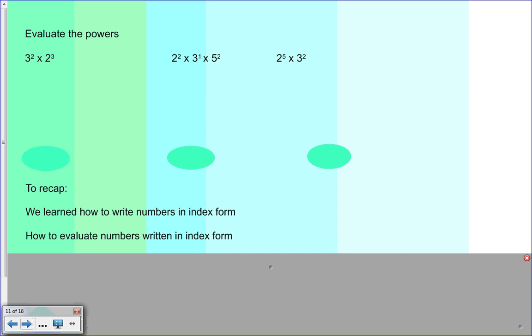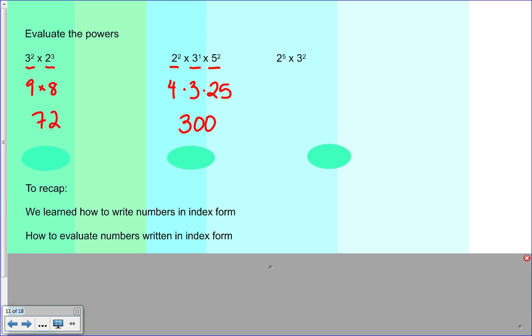If I were to evaluate this, I'd get 9 times 8, which is 72. This next one, 2 squared is 4, times 3, times 5 squared is 25, and then I multiply that together to get 300.